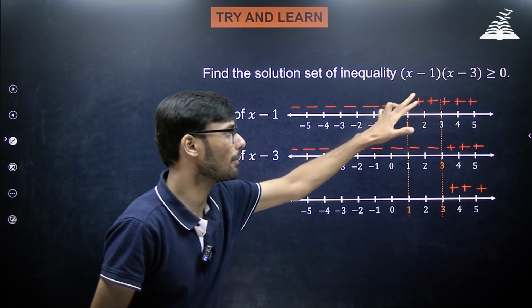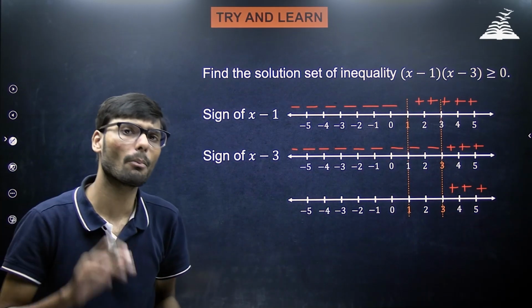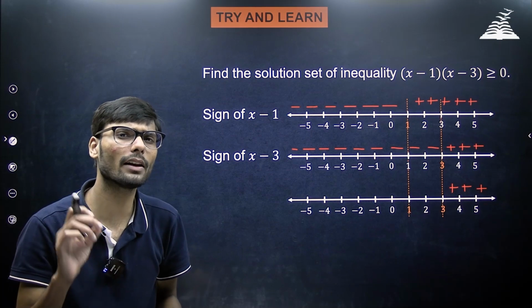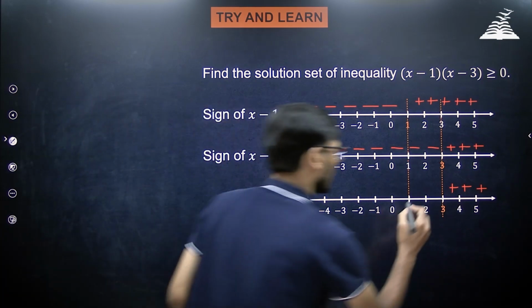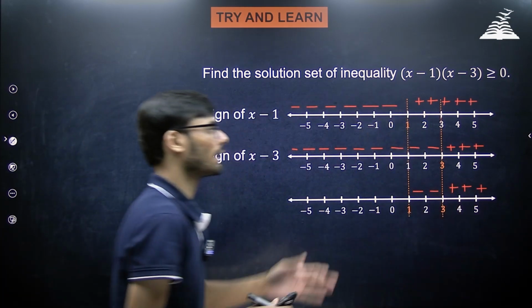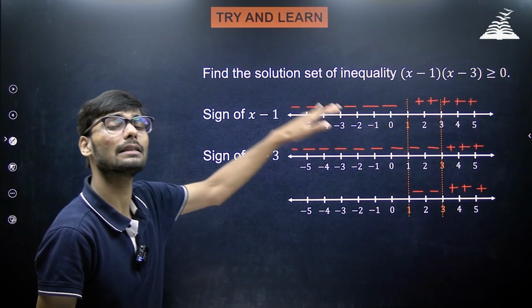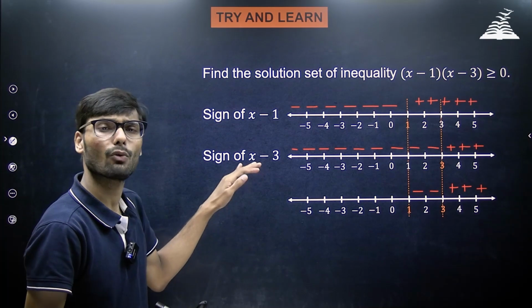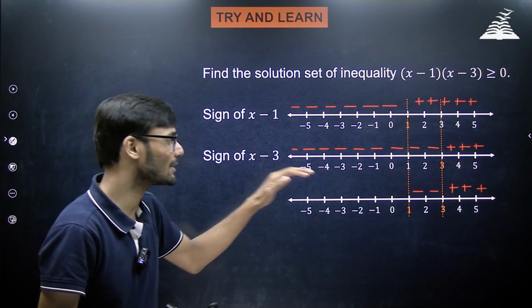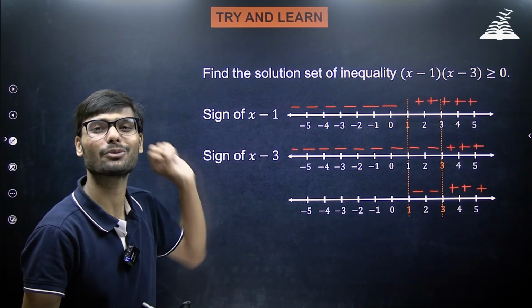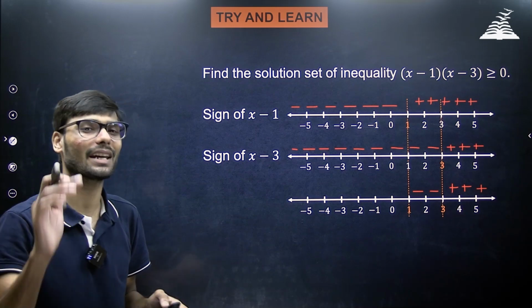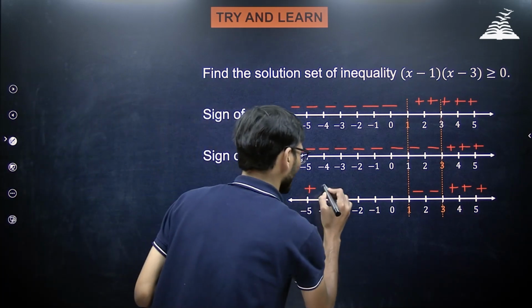A positive number and a negative number multiplied together will give us a negative number. Now on the left side of 1, the sign of x minus 1 is negative. Similarly, what's the sign of x minus 3? It is also negative. Two negatives multiplied together, we get a positive number, right?